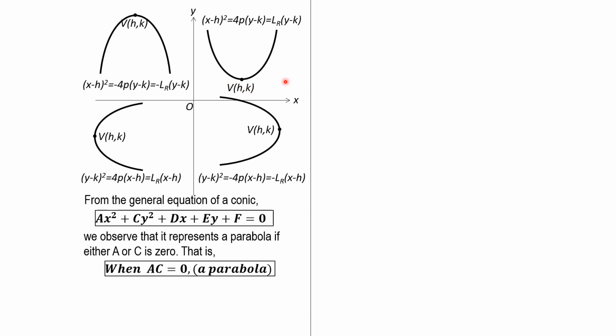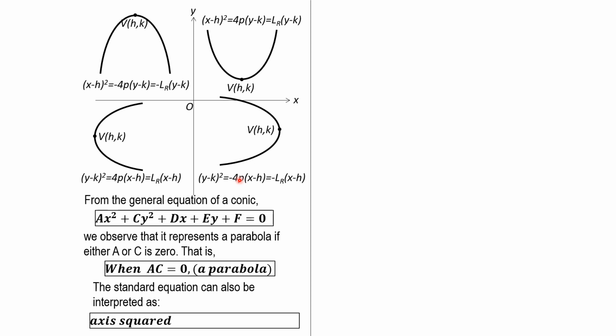So for this case, y minus k square, that's the axis of the parabola, and it is equal to plus or minus length of latus rectum, and x minus h this time is the equation of the tangent to the vertex. So we interpret the standard equation of parabola as axis square equals latus rectum times the equation of the tangent to the vertex.